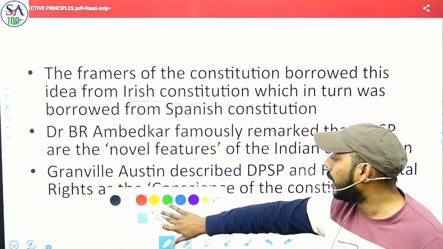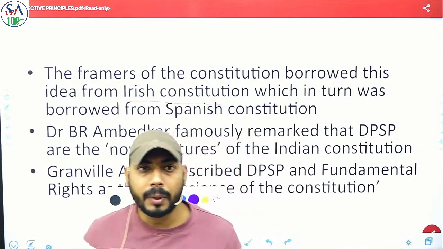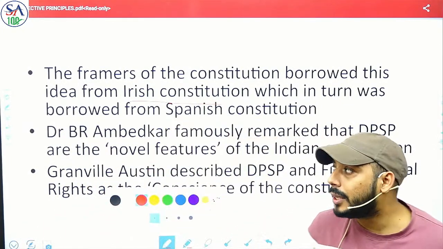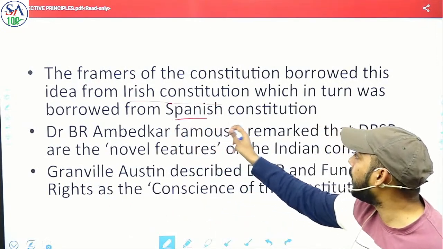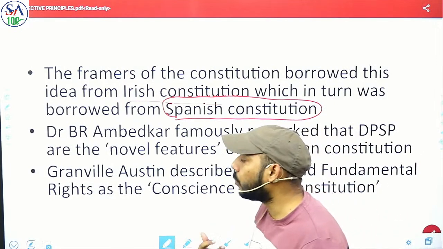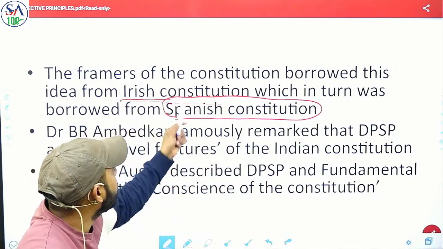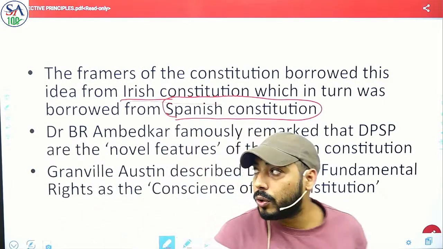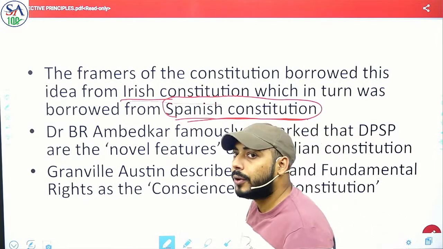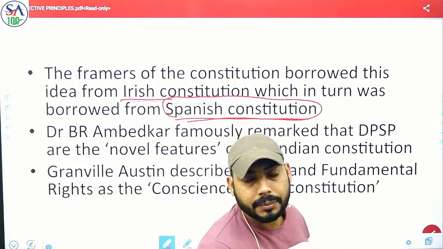The people who drafted the Irish Constitution, they themselves have taken it from the Spanish Constitution. So the game of borrowing is going on here. First of all, we borrowed from the Irish Constitution. They themselves borrowed from the Spanish Constitution. So we are clear about from where this provision has been taken.